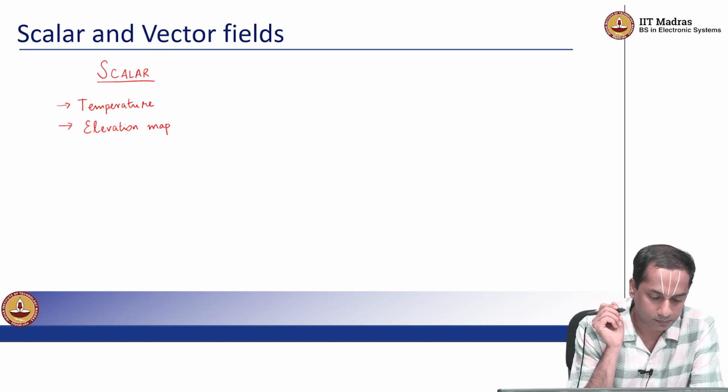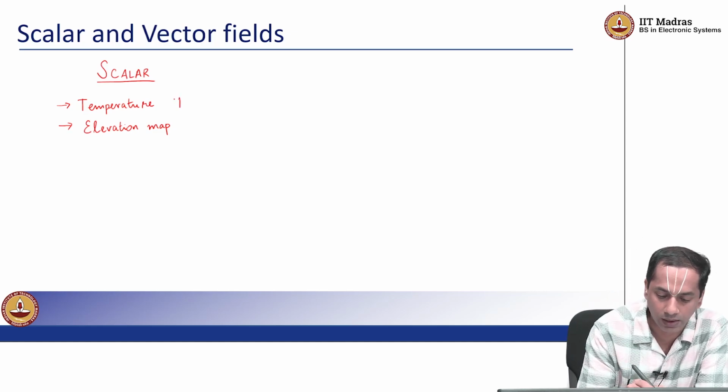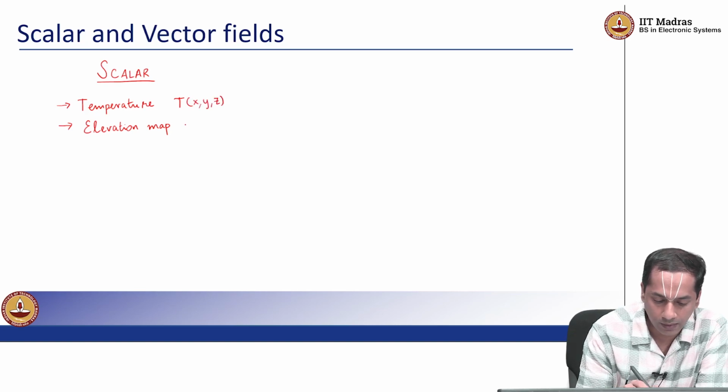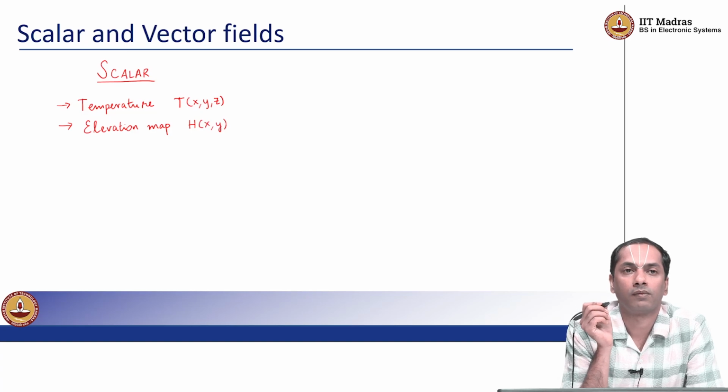You can think of associating temperature T at x comma y comma z, and an elevation map indicates height h at locations x comma y, right? So the value of T x comma y comma z for any point is a scalar. That's why the name scalar field.